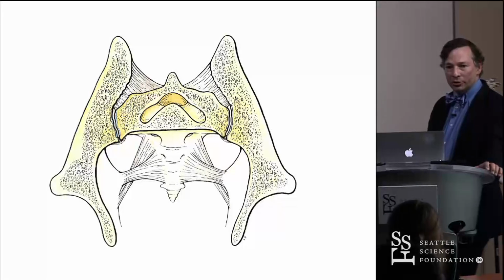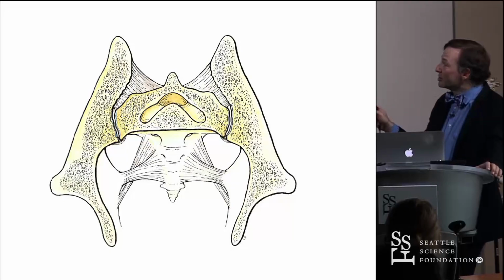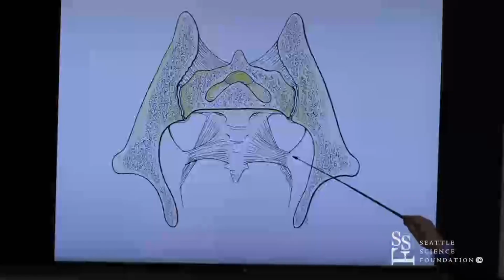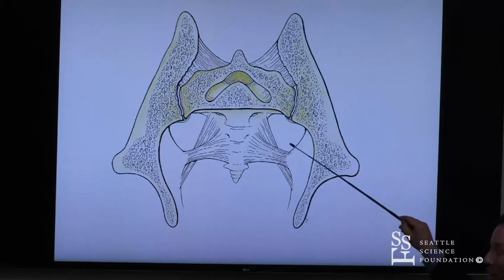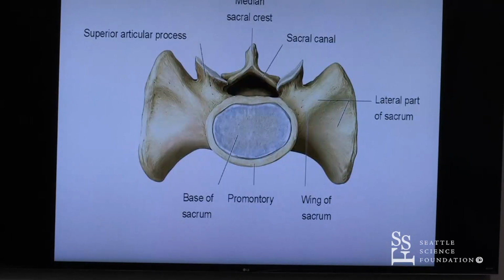A pudendal nerve block can be done transvaginally, where the physician places a finger up, palpates the ischial spine, thus palpating the sacrospinous ligament, and injects anesthesia into this area to numb the entire pudendal nerve and its wide distribution to the skin of the perineum and associated muscles.